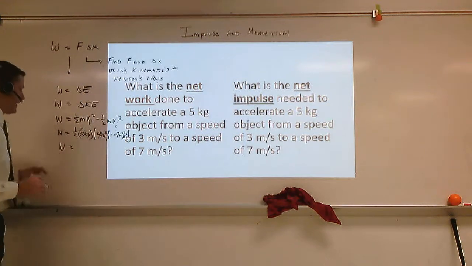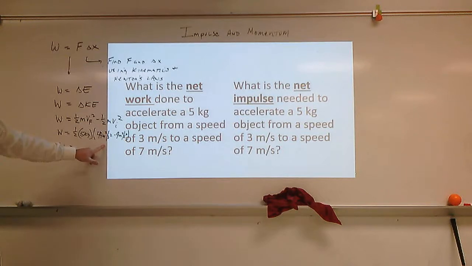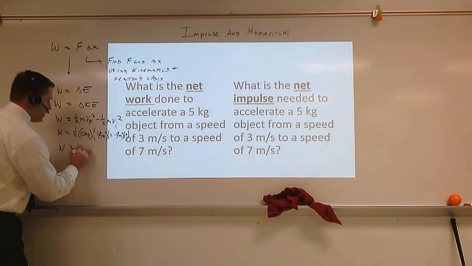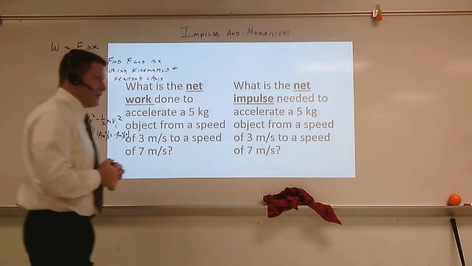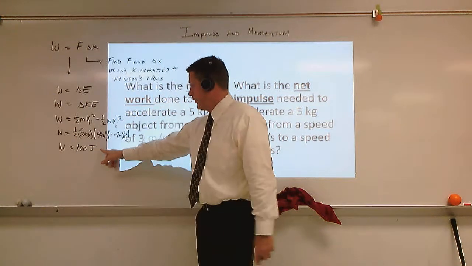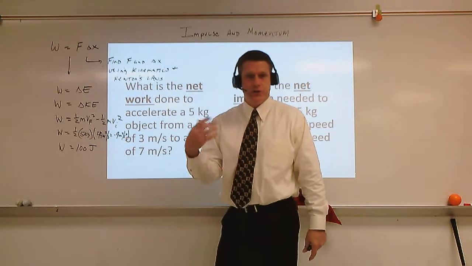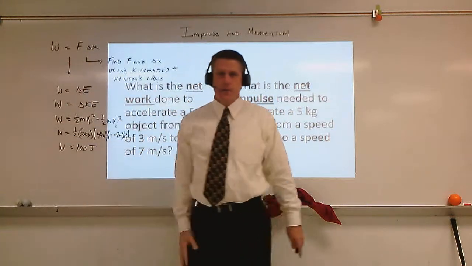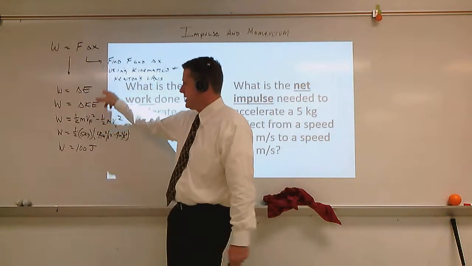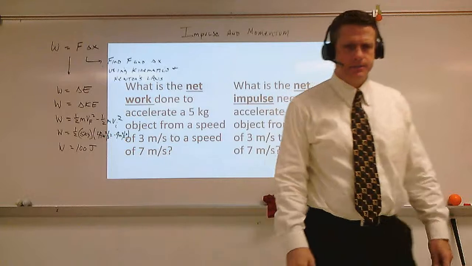So that's 1/2 times 5 times 40, or 100 joules. Now note here that work is in joules, just like energy is in joules. Hence, it makes sense for this idea of work being equal to our change in energy.